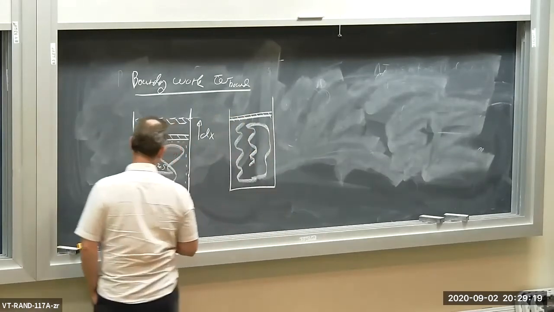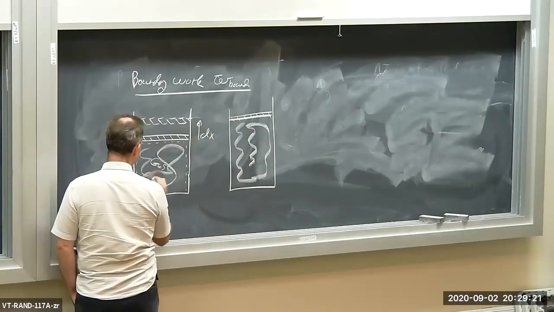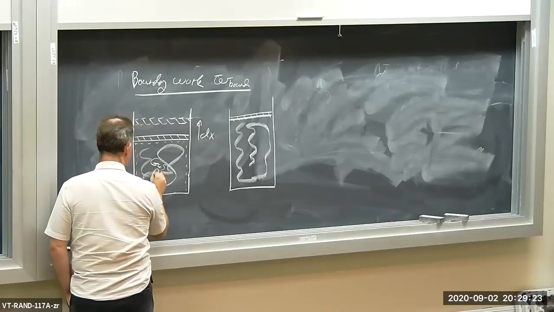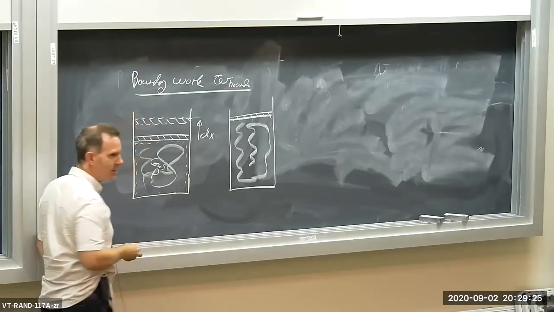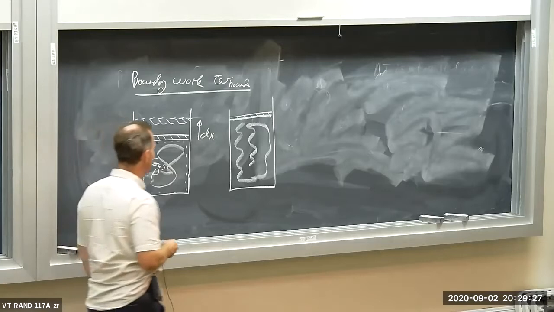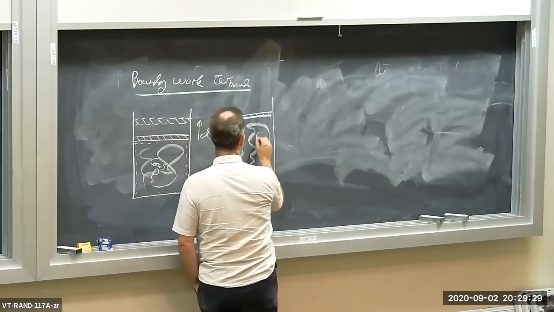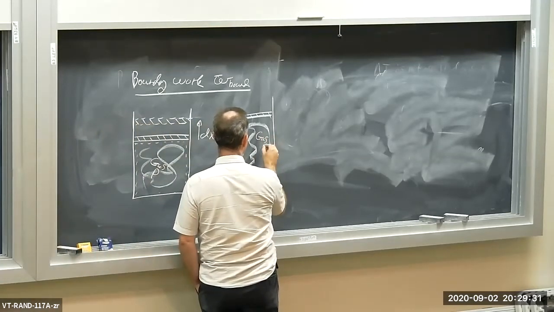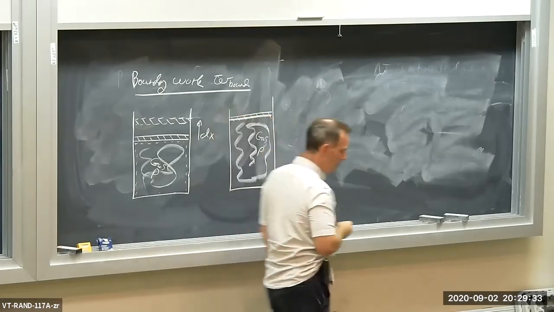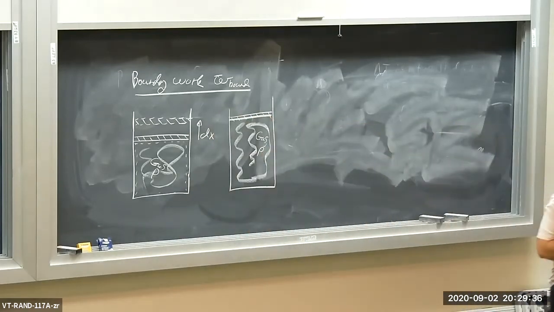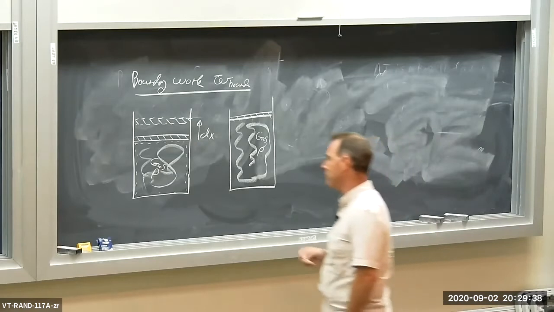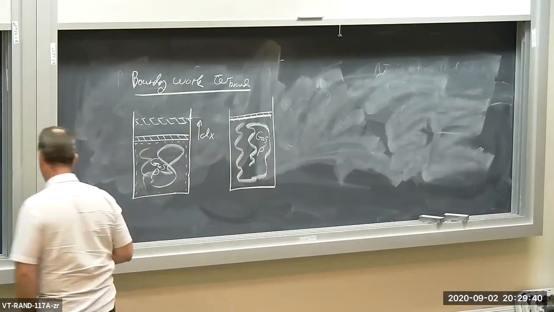Now this gas has a particular pressure, P, and notice this displacement, dx, is actually an infinitesimal displacement. Because it's infinitesimal, the pressure is approximately constant during this infinitesimal process.